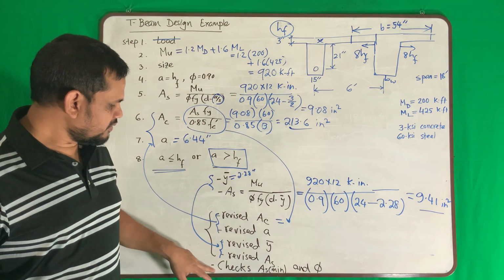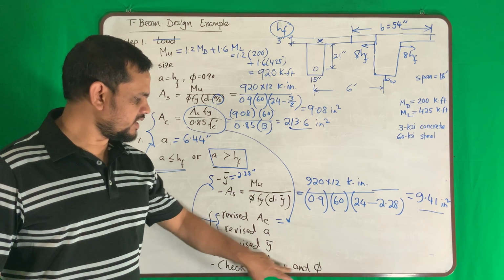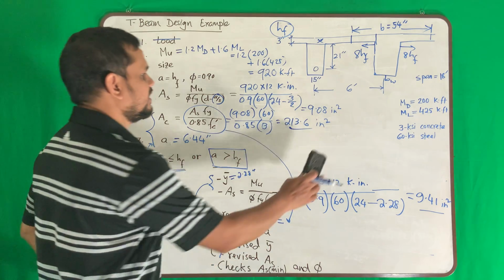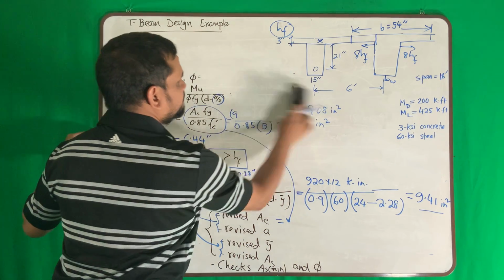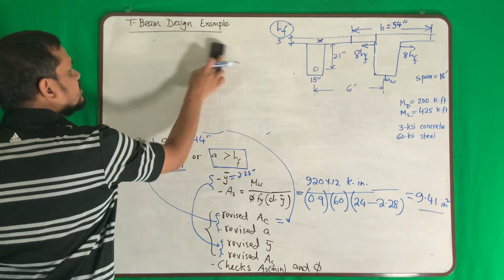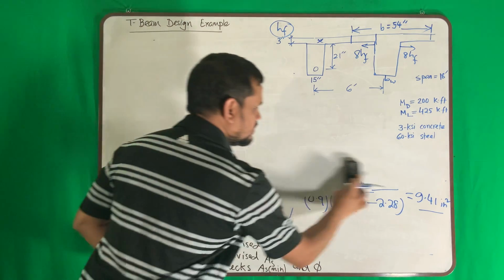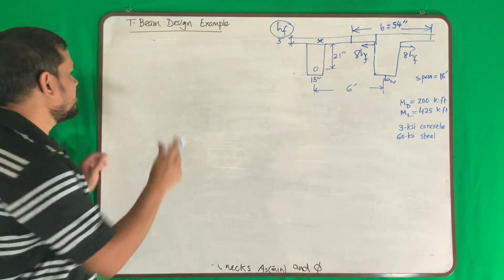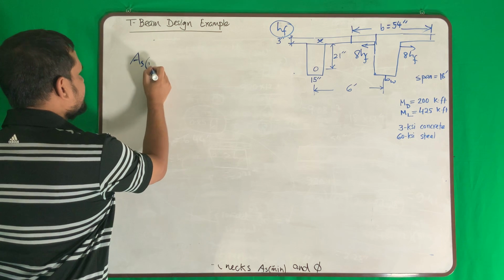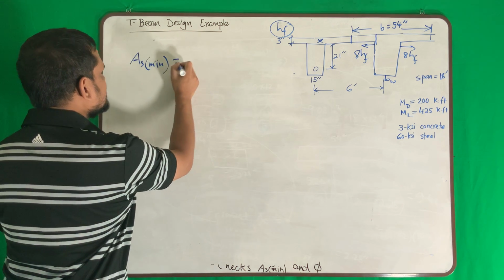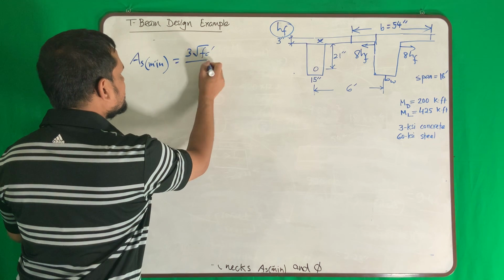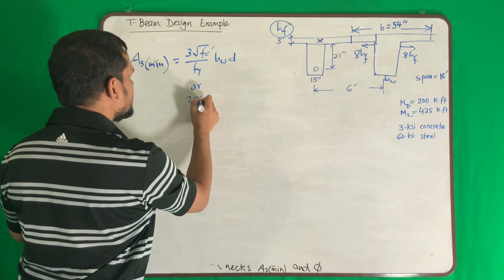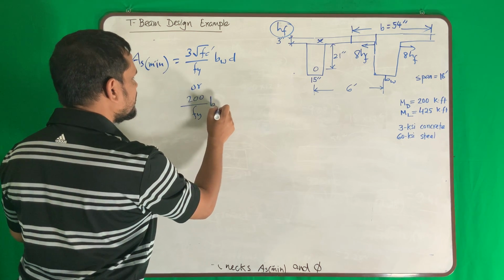Once we got that, then we have to check our minimum reinforcement and phi. So minimum reinforcement, what is that? You know that, okay, I will erase here. Our code says minimum reinforcement should be 3 square root of f'c over Fy times bw d, or 200 over Fy times bw d.